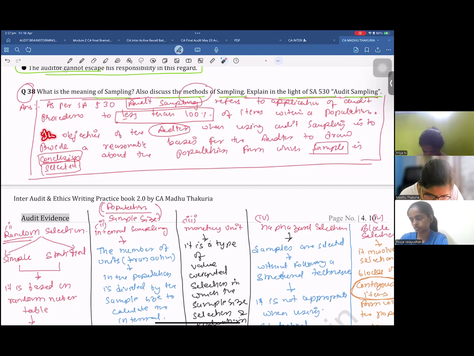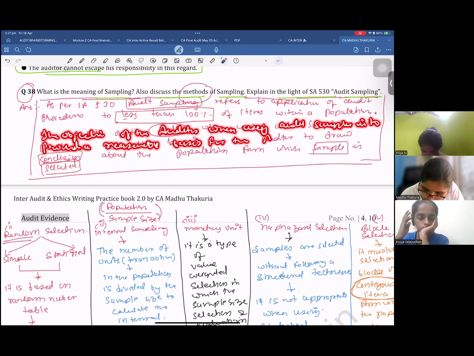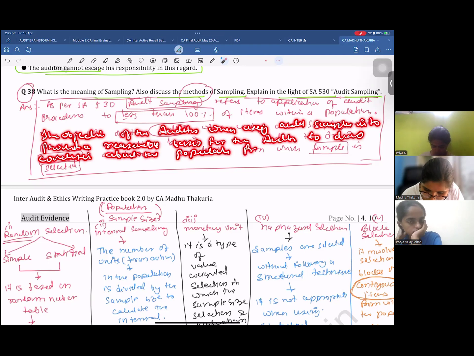Why? The objective of the auditor when using audit sampling is to provide a reasonable basis for the auditor to draw conclusion about the population from which the sample is selected.